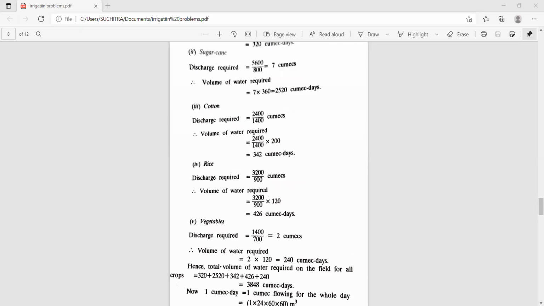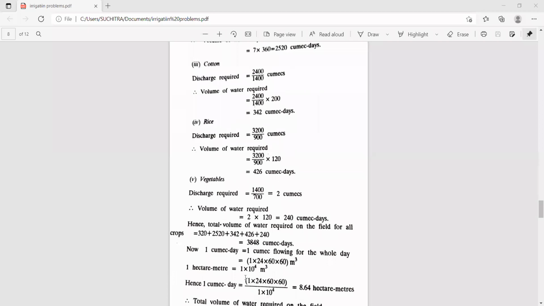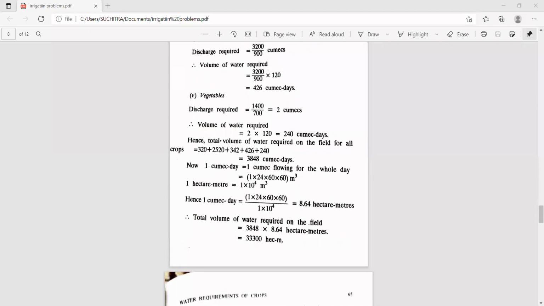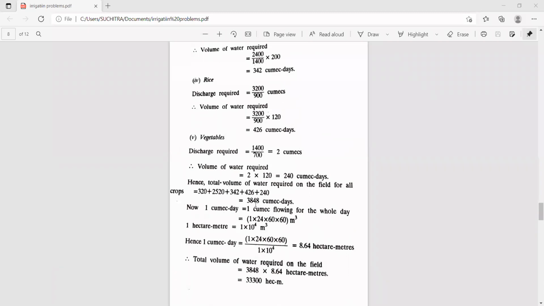It is nothing but 8.64 hectare meter, the quantity of water flowing for the whole day at the rate of 1 cumec. So this is the equation: 1 cumec-day is equal to 8.64 hectare meter. Now the volume of water required on the field, 3,840 cumec-days multiplied by 8.64, is about 33,300 hectare meter.